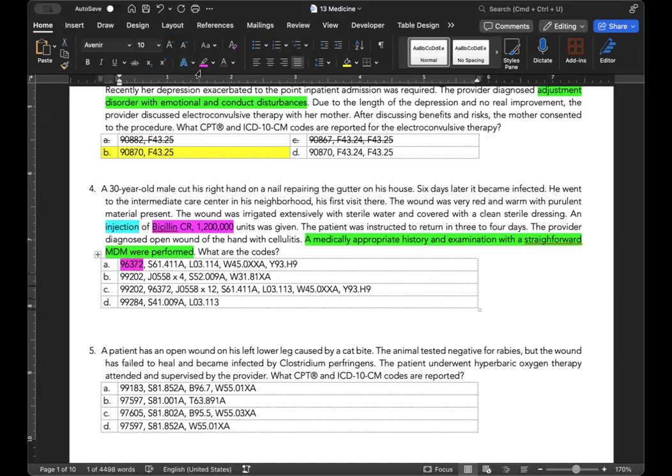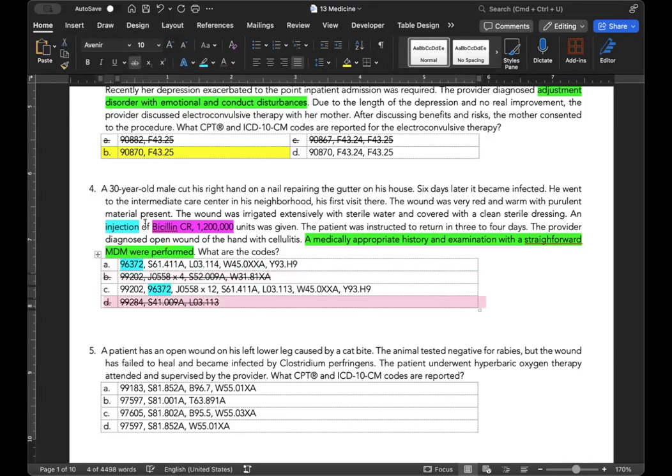Well, not necessarily, because we have two 96372s. Because we have to consider we're also giving our MDM, we're also giving an exam before we do the injection. Okay.